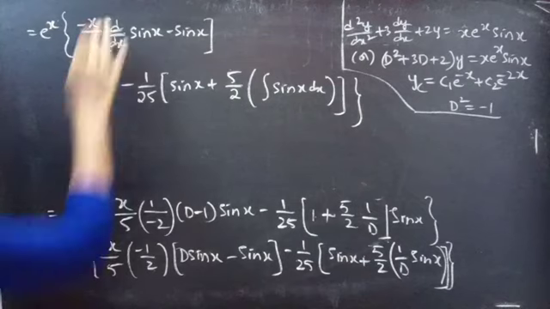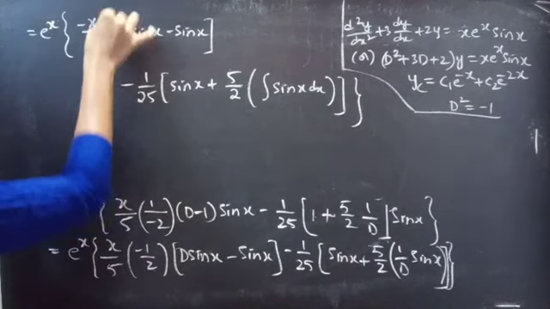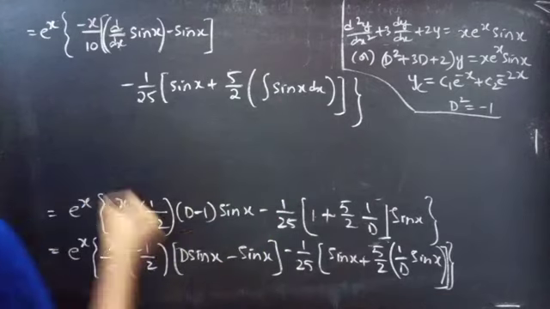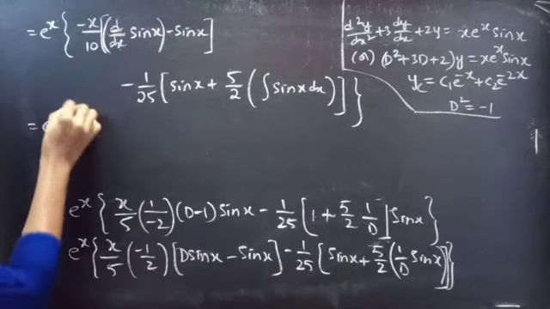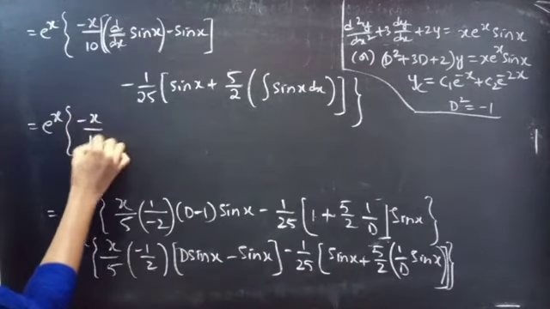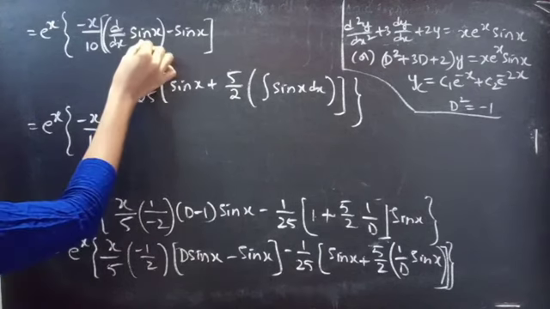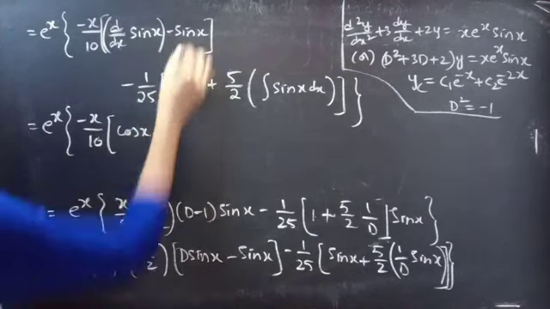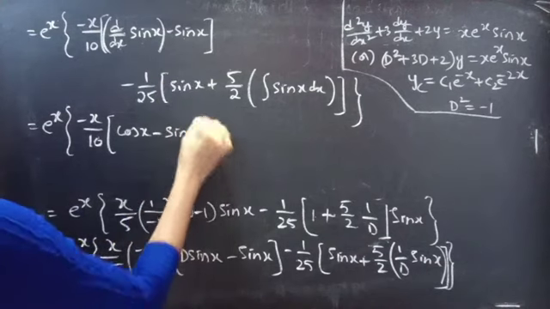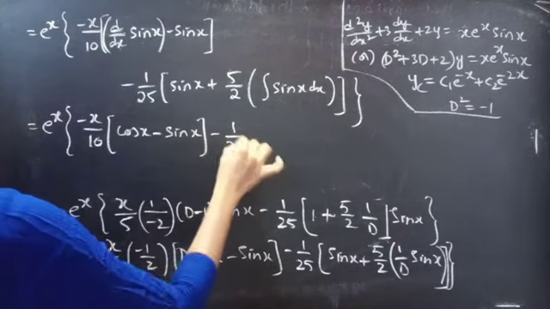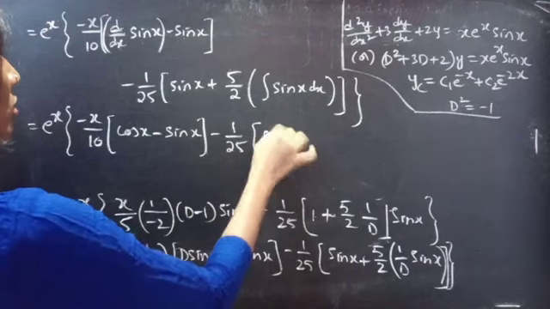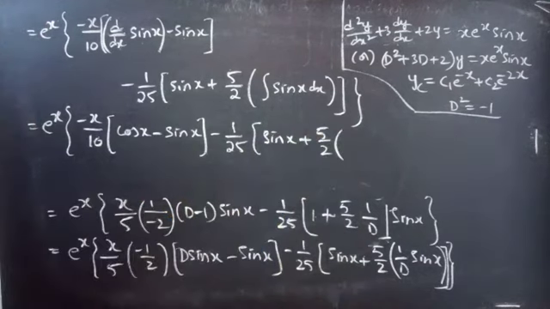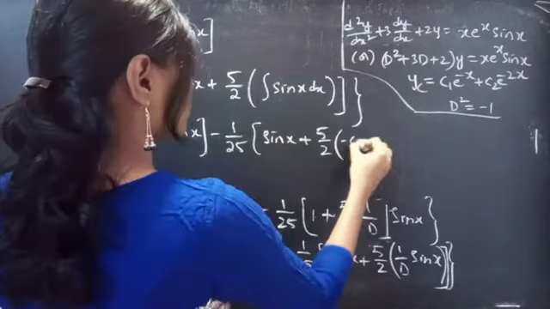Now we need to find derivative of sin x with respect to x and integral sin x dx. This is equals to e power x into minus x by 10 into derivative of sin x with respect to x is cos x minus sin x minus 1/25 into sin x plus 5/2 into integral sin x dx is minus cos x.